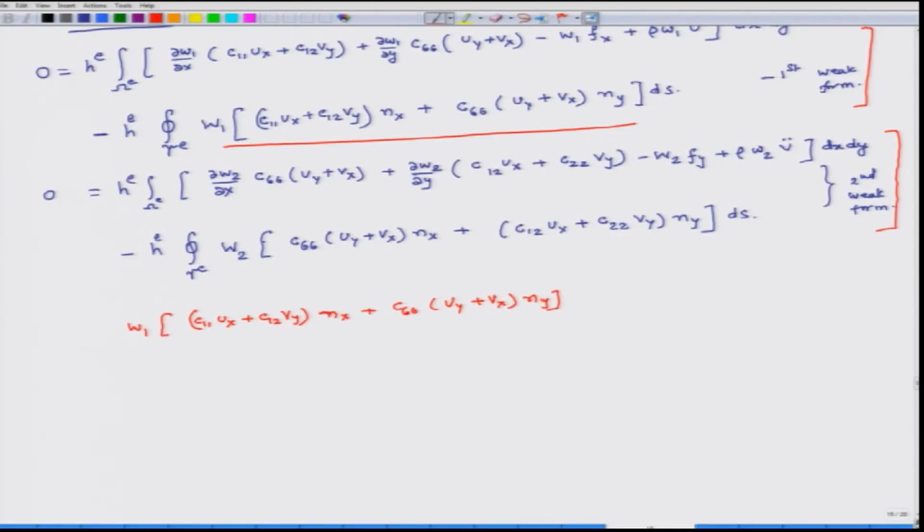This is the boundary integrand from the first equation.